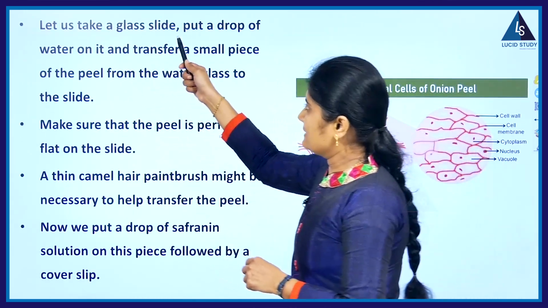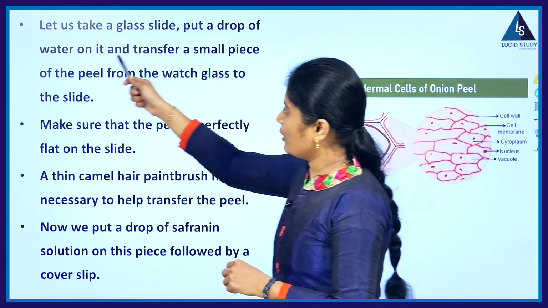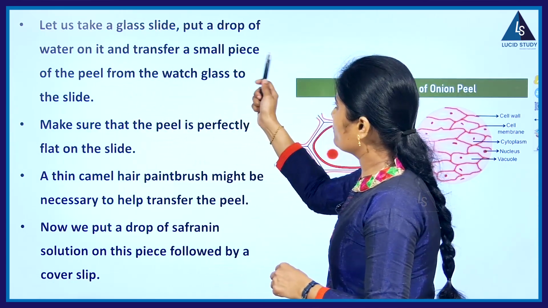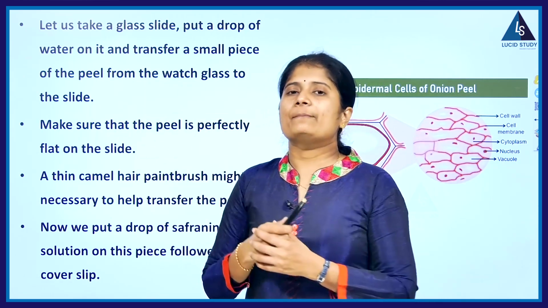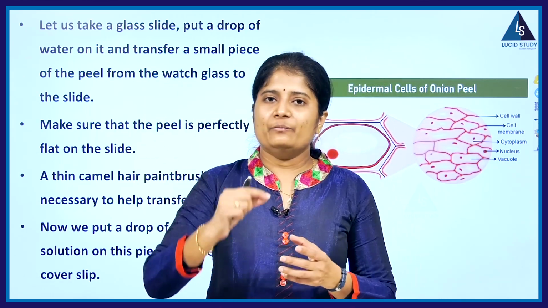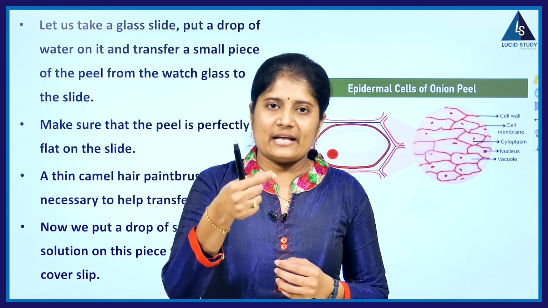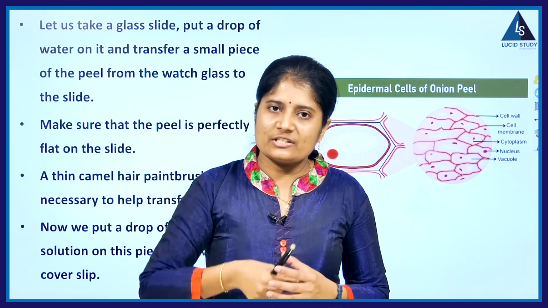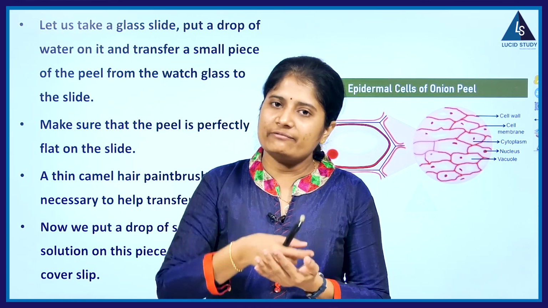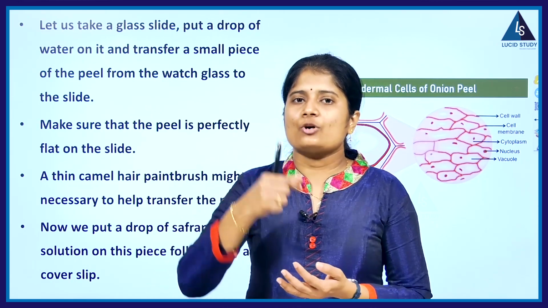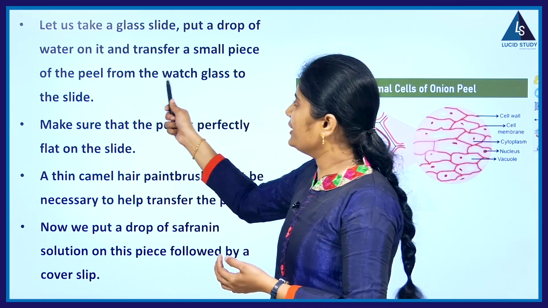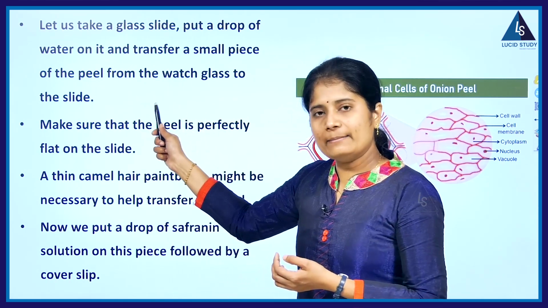Let us take a glass slide, put a drop of water on it and transfer a small piece of the peel from the watch glass to the slide. So this is the process. When we take the onion peel from the watch glass, remove it from the water, put it on a slide and add a drop of water on it, it is then seen under the microscope.